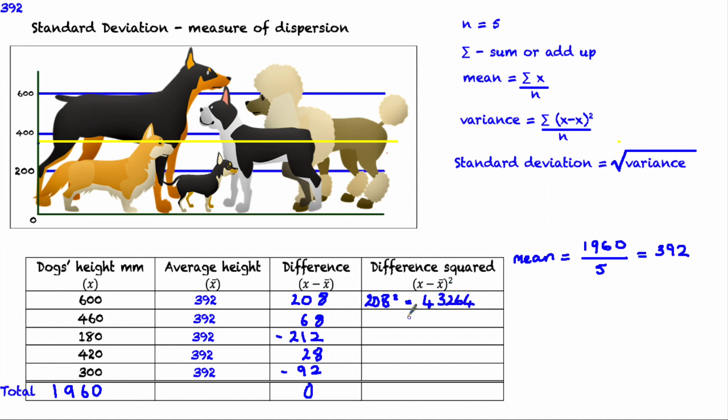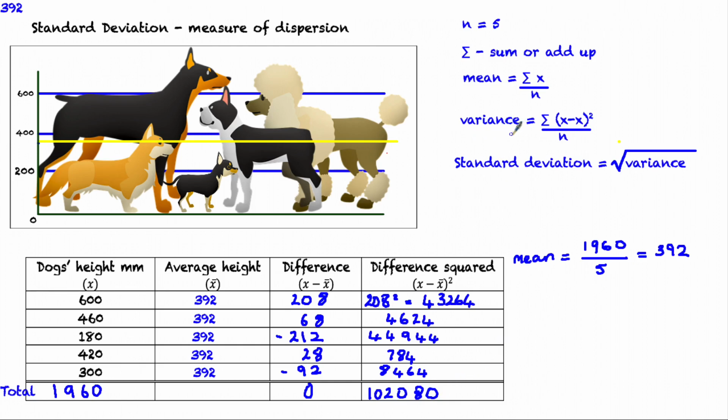I'm going to carry on and do that with each of these values. When I square a negative value, I always get a positive value. Remembering a negative value multiplied by itself gives me a positive value. So these are all positive values, and when I total them, I will get a value. That's the total, 102,080.